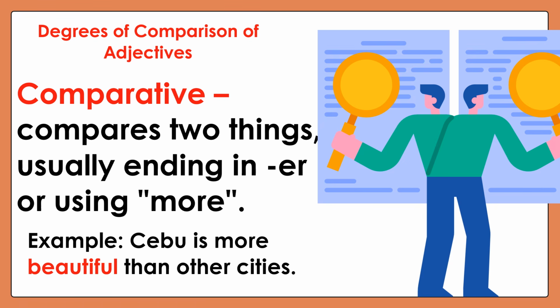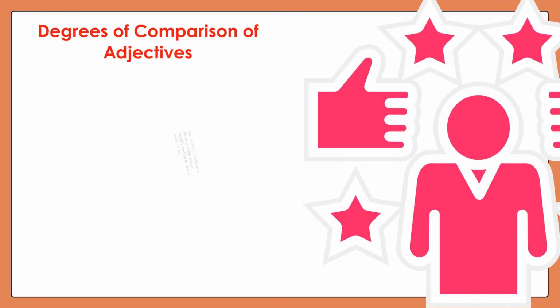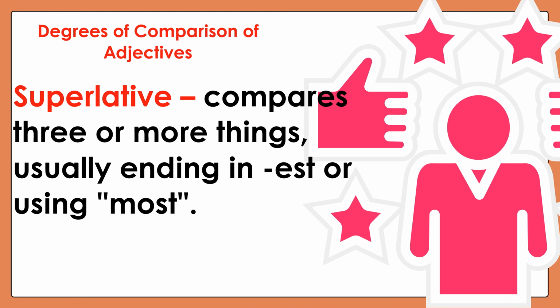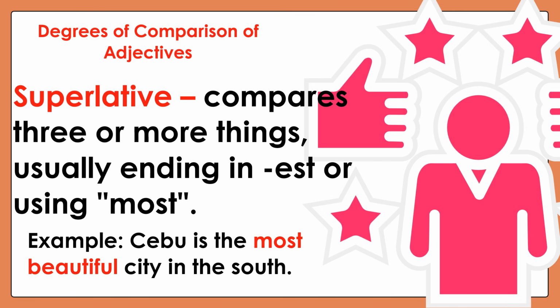Example, Cebu is more beautiful than other cities. Superlative, compares three or more things, usually ending in EST or using most. Example, Cebu is the most beautiful city in the south.